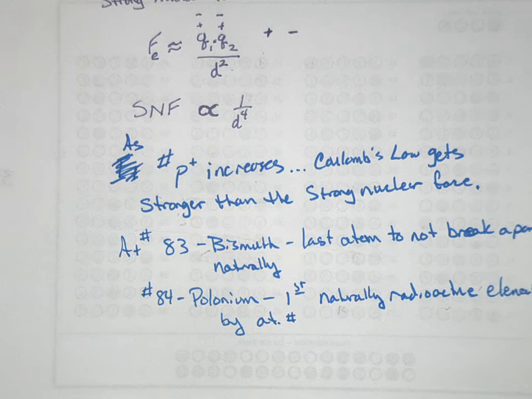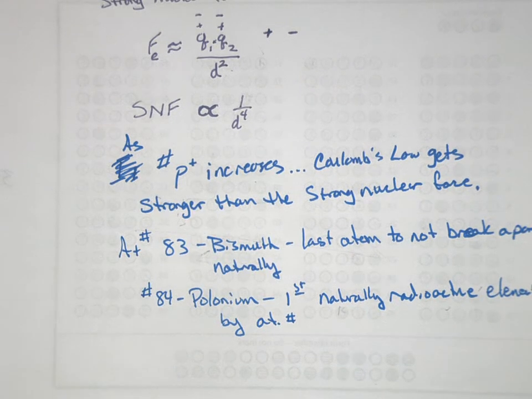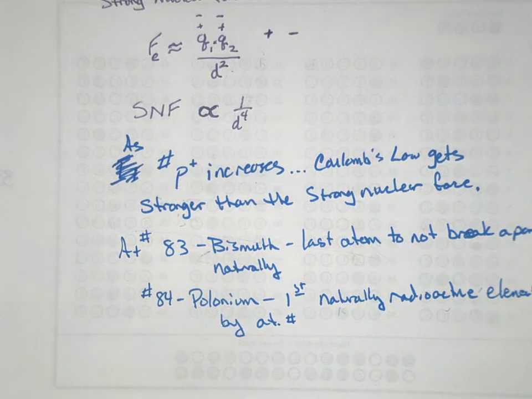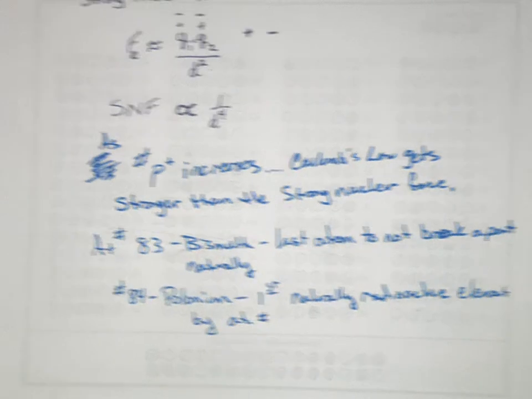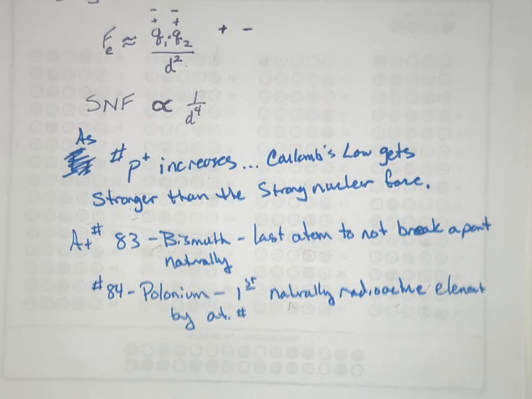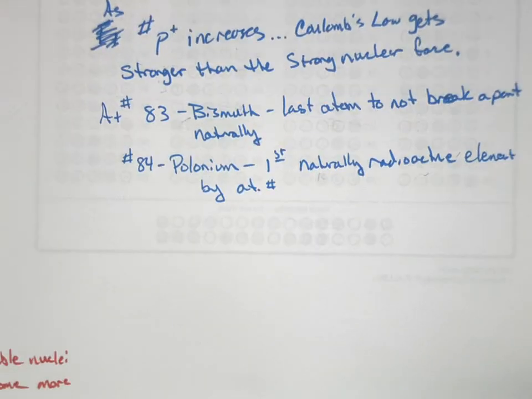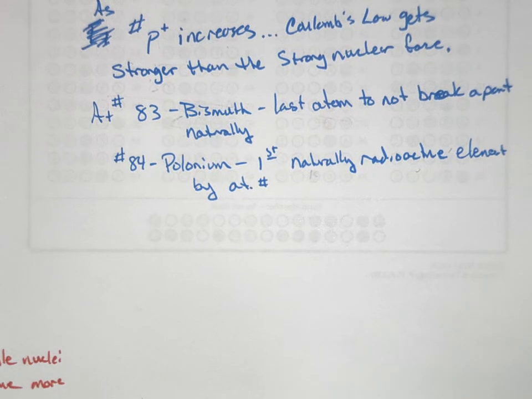What happens? Either the protons start splitting apart, or they start shooting out of the nucleus. Which brings us to the types of radiation that we have.